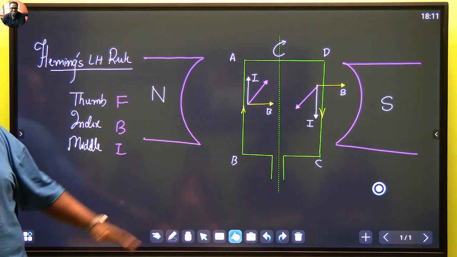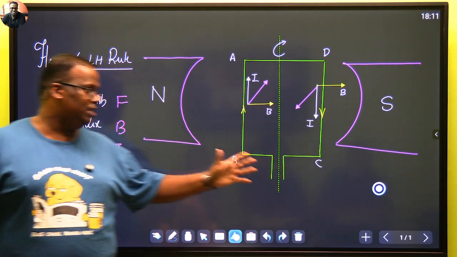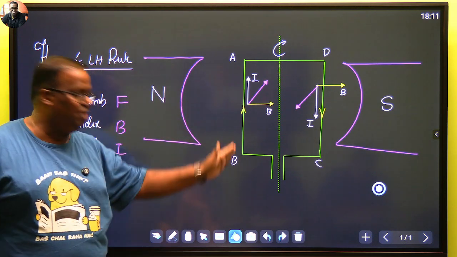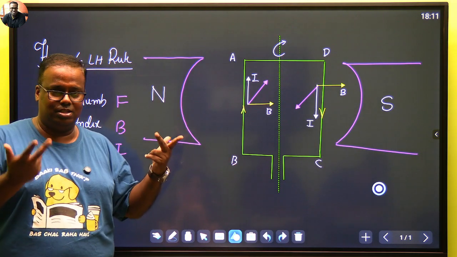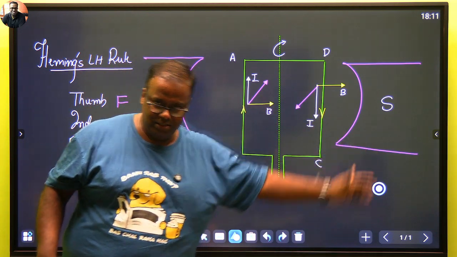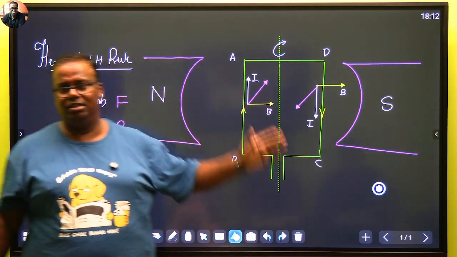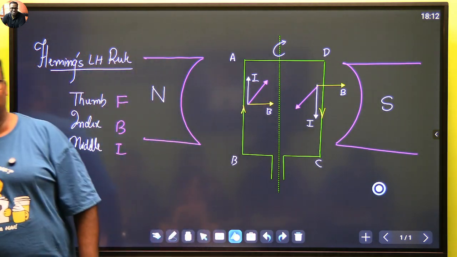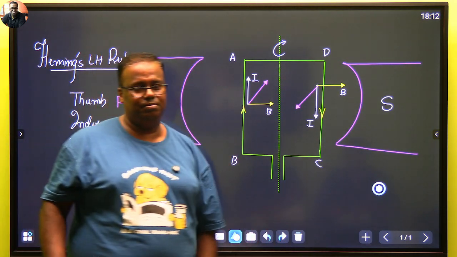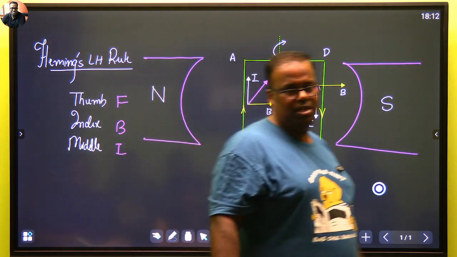Okay? Together. So the first thing we said is that we have a conductor AB. Right? Inputs are only two things. An external magnetic field, right? And a current. Nothing more than that. So please draw one line on your book. Just draw AB.